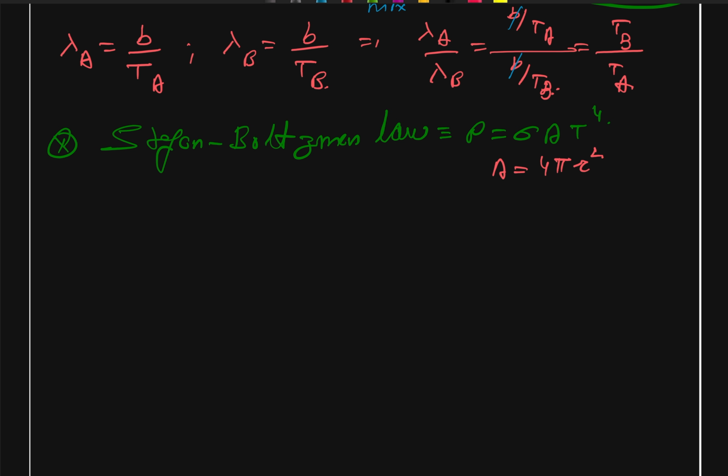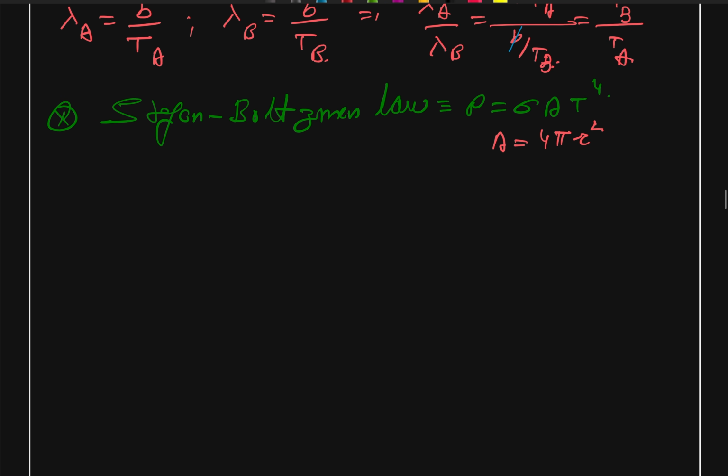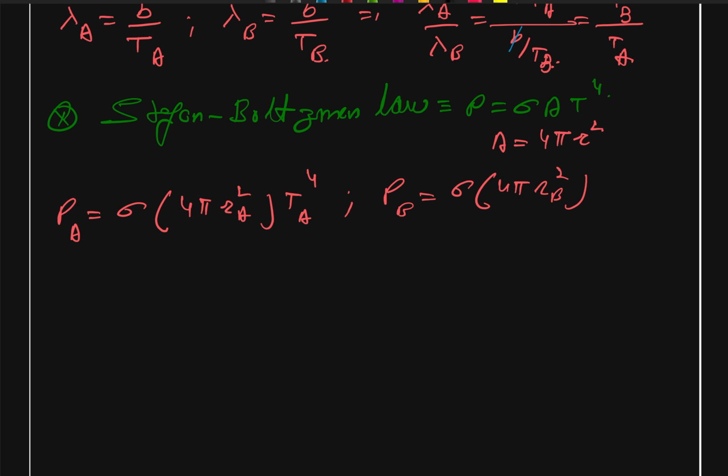So we have our two bodies. PA is equal to constant times 4 pi Ra square Ta raised to power 4, and Pb is equal to constant times 4 pi Rb square Tb raised to power 4.